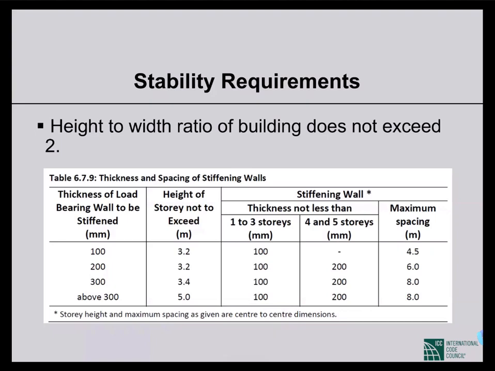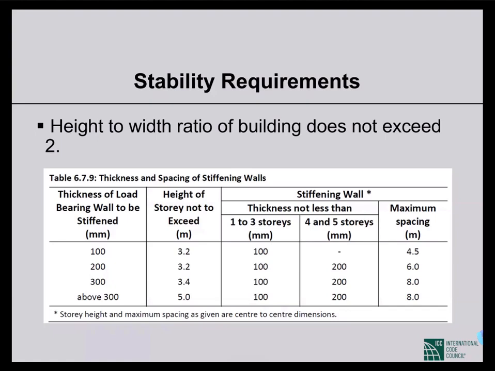And the spacing is also given in this table, and the spacing will depend on the thickness of the load-bearing wall. Remember, in our code, this is a general table. In our code, load-bearing wall cannot be less than 200 millimeters. There is an exception. If it is less than 200 millimeters, then we'll call it slender wall.